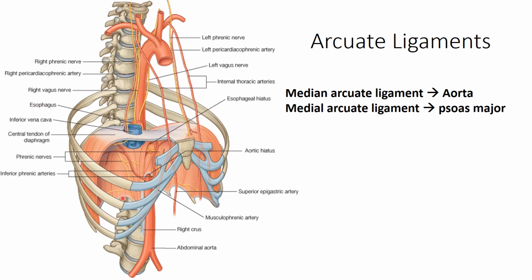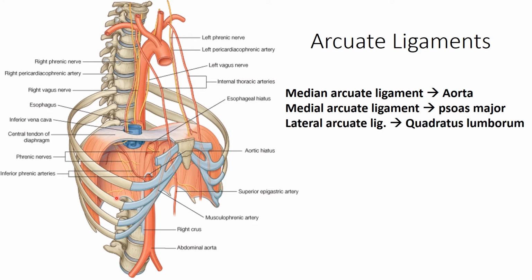Then is the medial arcuate ligament, which is lying just anterior to the psoas major, overlying the psoas major, and it is medially connected to the upper vertebral body through its respective crus, and laterally it is connected to the anterior surface of the transverse process of L1 on both sides.